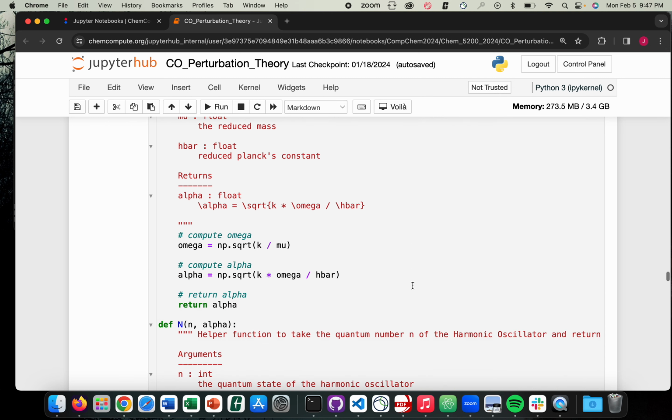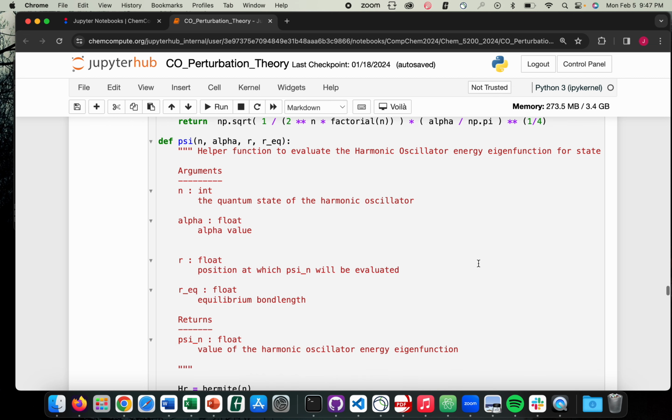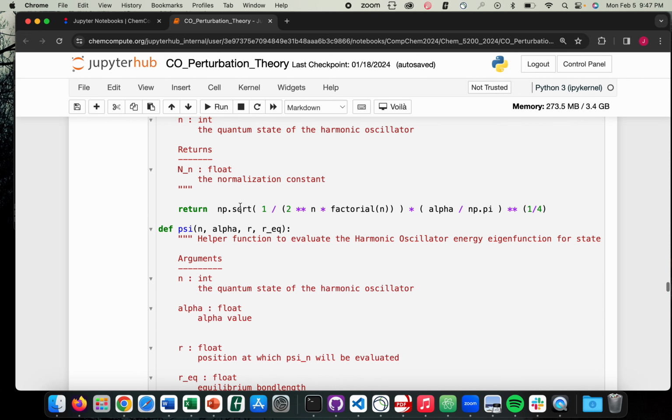So what else do we need? The normalization is already defined. And then these psi helper functions are also already defined.